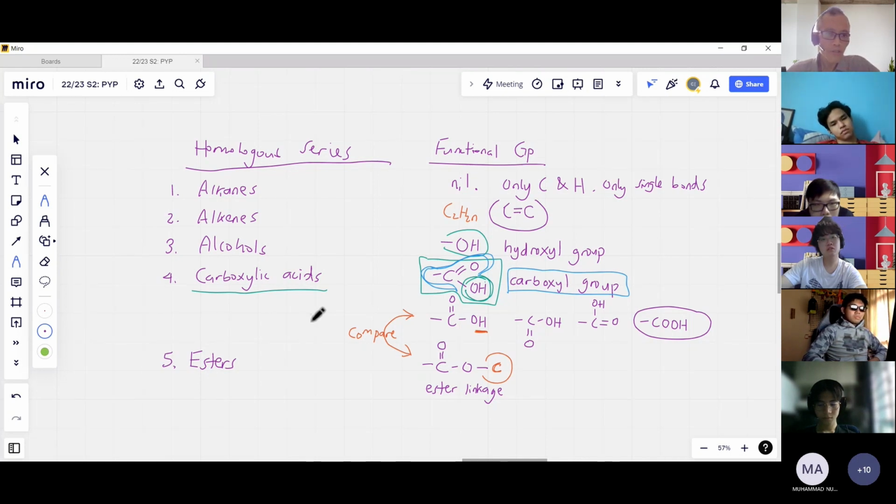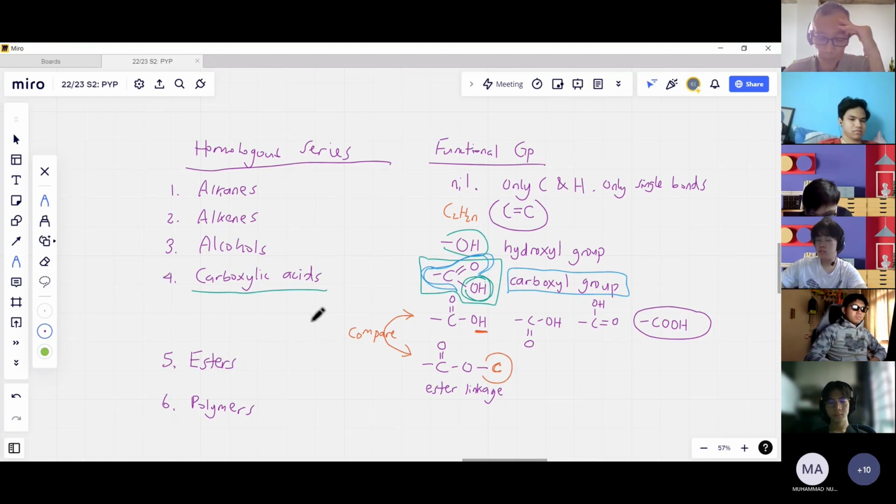There is one last group. Technically it's not a homologous series, but it's quite important in your test and exam because it comes up every time. I would say every time.